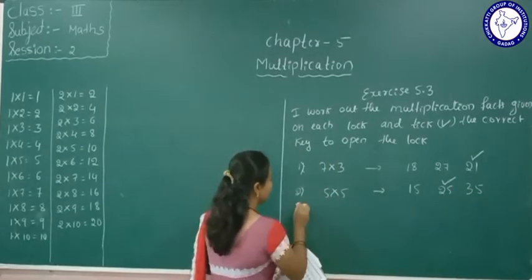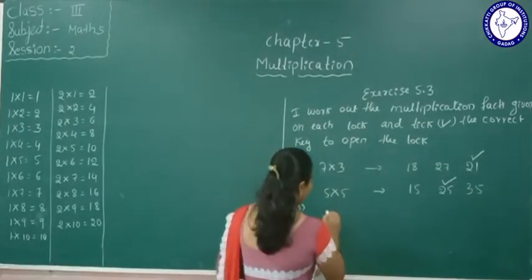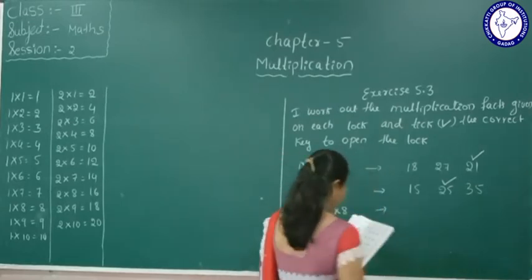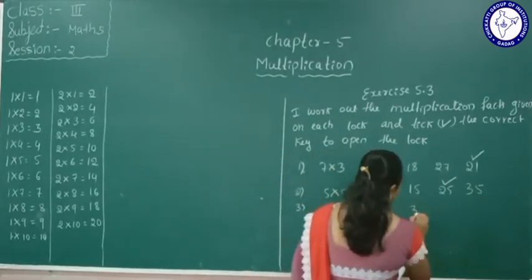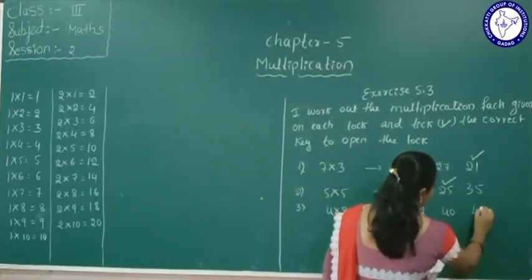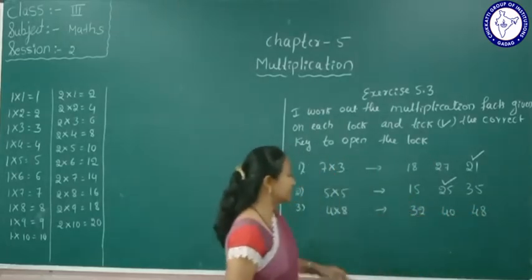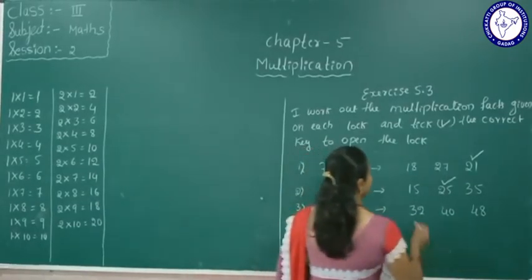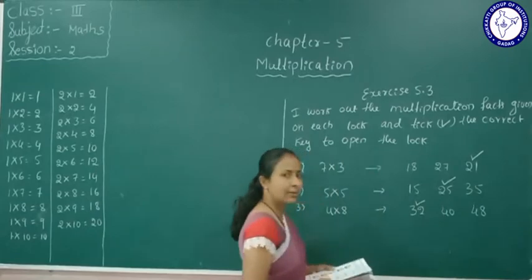Okay, third one, 4 into 8: 32, 40 and 48. Which is the correct answer? 4 8s are how much? 4 8s are 32. 32, I'll do the right mark.